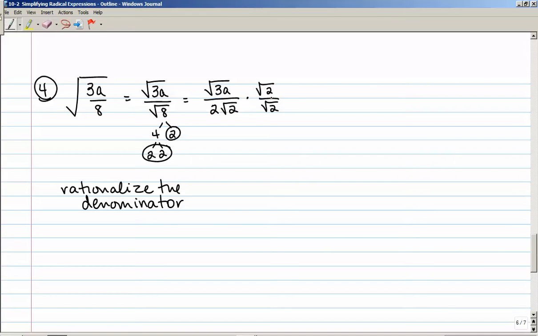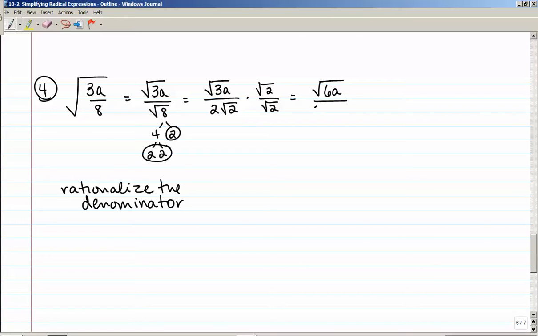Square root of 2 over square root of 2 is 1, so by multiplying by 1, I'm not changing the problem. But what's going to happen is when I multiply these two square roots of 2, that's going to give me just a 2. So across the top, that's going to give me the square root of 6a, because square root of 3 times square root of 2 is square root of 6.